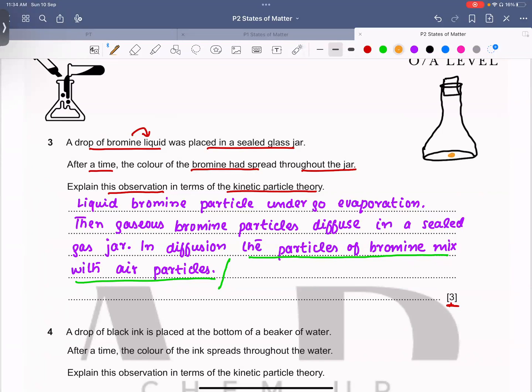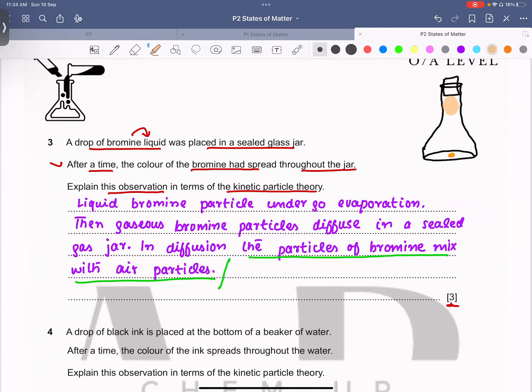Now, if you read the second line, they are saying that after a time, the color of the bromine had spread throughout the jar. What is this indicating?